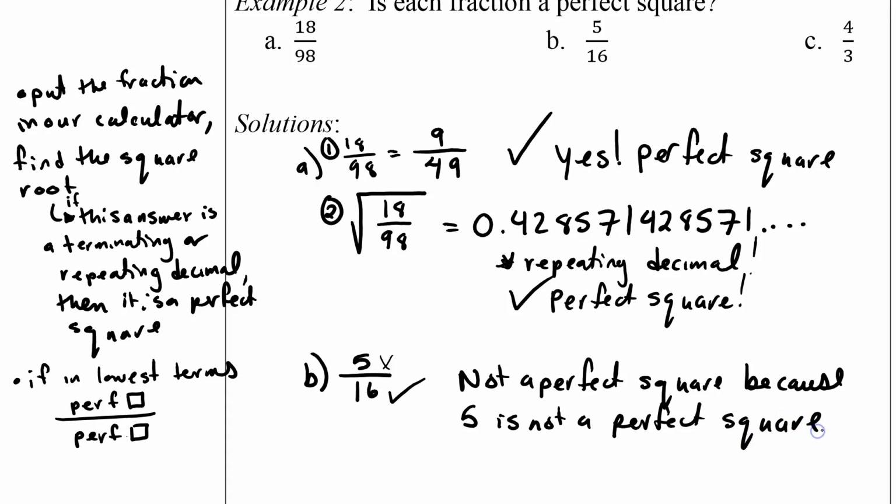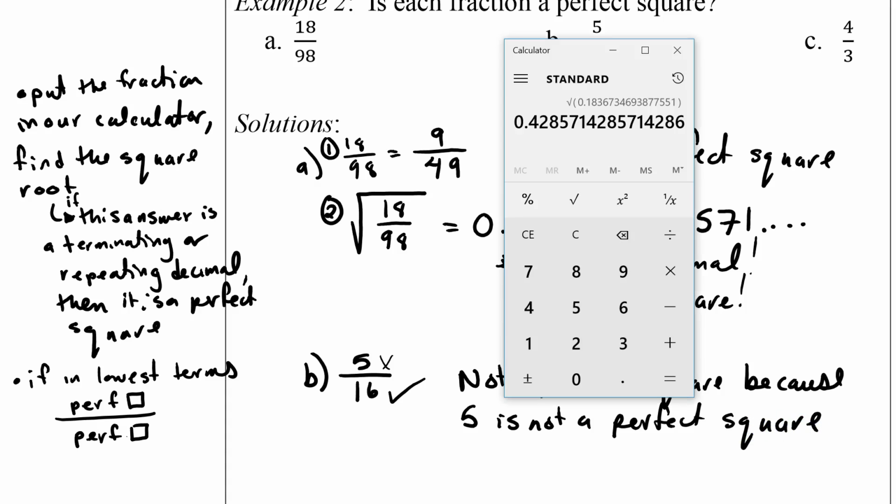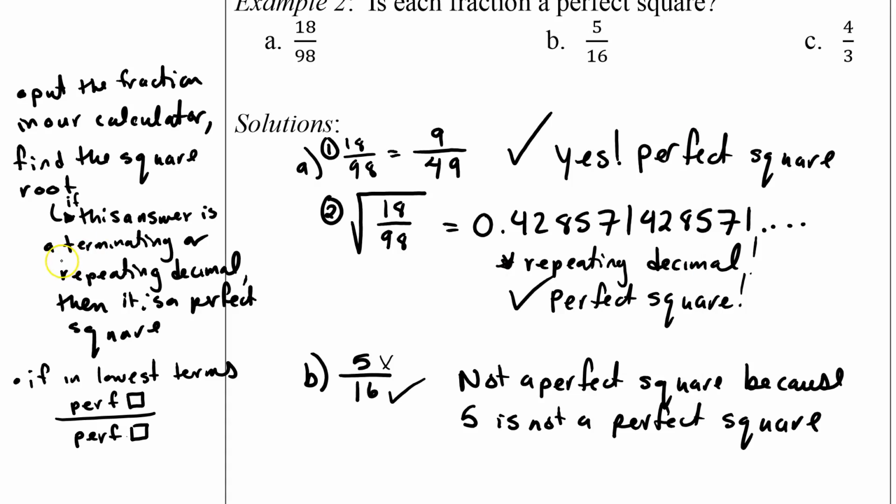I'm just going to check on my calculator. We're not going to write this down, but if I go 5 divided by 16 equals, and find the square root of that, if it seems to be a repeating pattern, then we know that it's a perfect square. But if it's not, which is what we're anticipating, then it's not. 5590169943749. Okay, there is no pattern to that. So it is not a perfect square because the answer is not terminating and it is not a repeating decimal.